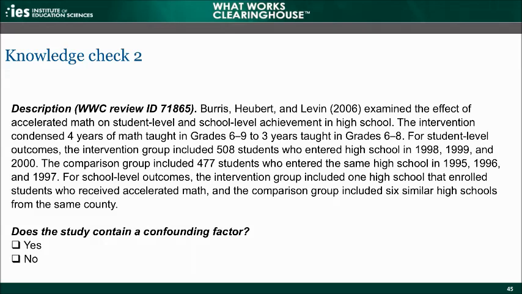Then also we have for school level outcomes, the intervention group included 1 high school that enrolled students who received accelerated math, and the comparison group included 6 similar high schools from the same county. So thinking about both levels of the estimated effects, does the study contain a confounding factor?